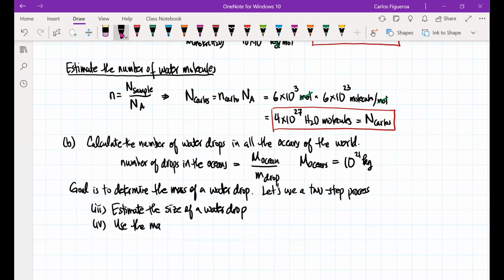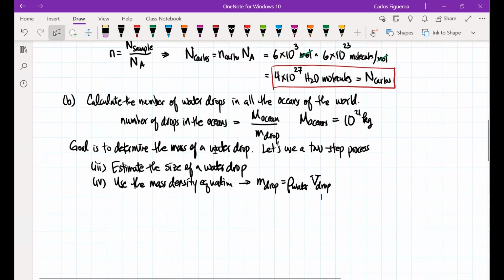The mass density equation tells us that the mass of a drop should be the density of water, which is fixed, times the volume of the drop. So by getting the size of a water drop, I could calculate the volume, and from the volume, I could get the mass of the drop.